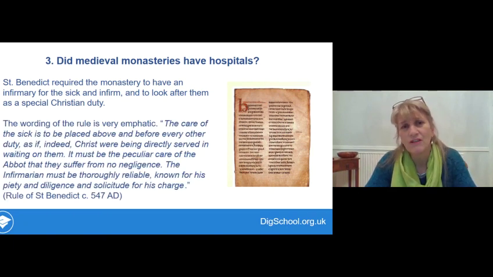Here is the wording of his rule, or translation of it. The care of the sick is to be placed above and before every other duty, as if indeed Christ were being directly served in waiting on them. It must be the peculiar care of the abbot that they suffer from no negligence. The infirmarian should be thoroughly reliable, known for his piety, and diligence and solicitude for his charge.